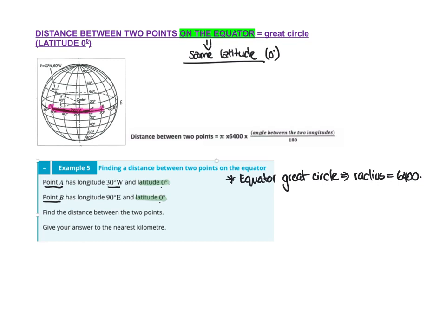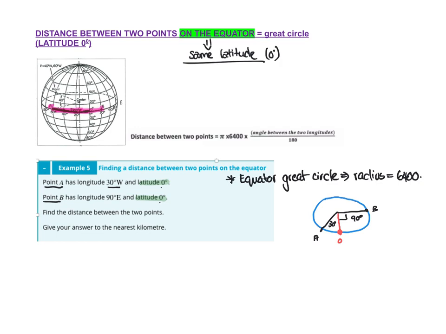If I just pretend this is the circle, the equator going around the world, and this was our 0 longitude coming through here on the outside. So here's 0. They're saying A is 30 degrees west, so it went out here, A, so there's 30 degrees. And point B is 90 degrees east, so point B went out here, 90 degrees.